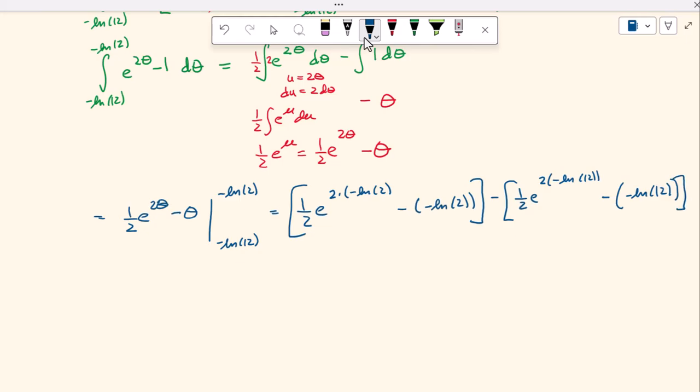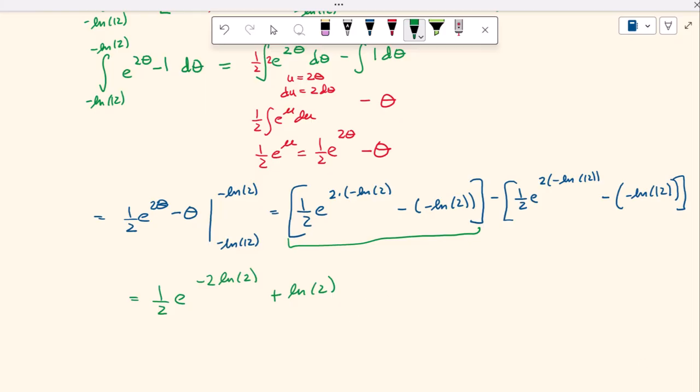So there is a lot of room for mistakes here with all the negative signs running around, so let's proceed with caution. Okay, so we'd have our 1/2 e, so then I'd have a negative 2 natural log of 2, plus natural log of 2. So that's what I'm getting out of this bit right here.